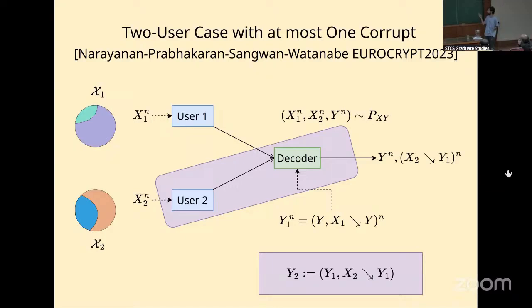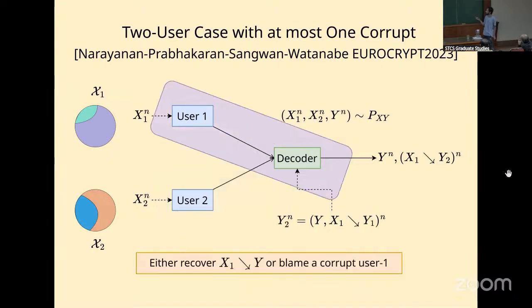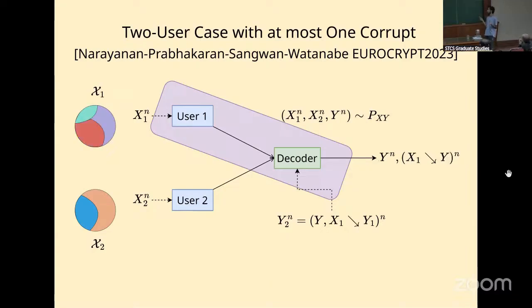So that new information is now, we are calling it x2 down arrow y1. And then the decoder upgrades its side information with this new thing. So now the side information is y and x1 down arrow y1. Sorry, that should be x1 down arrow y2. That should be x1 down arrow y2. And then it does the same experiment with user 1, blocking user 2. Then it keeps doing it again and again until it stops.